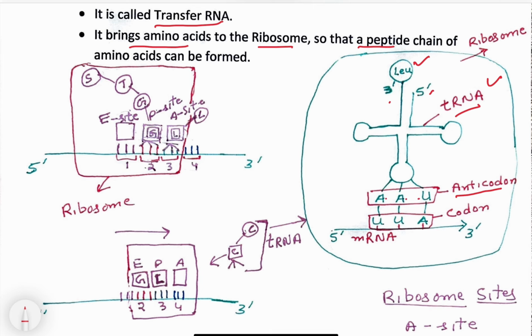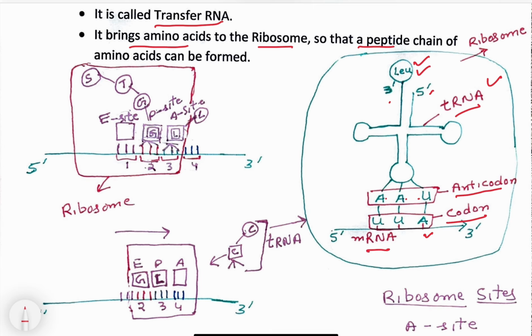1, 2, 3. So as you know, one codon specified one amino acid. So in our case, this codon specified leucine right here. So that tRNA has this anticodon, so it can only attract to its opposite side on the mRNA.